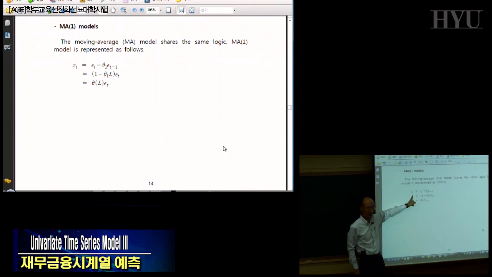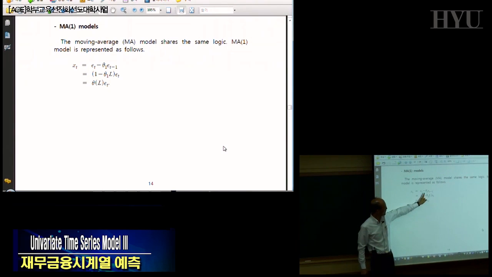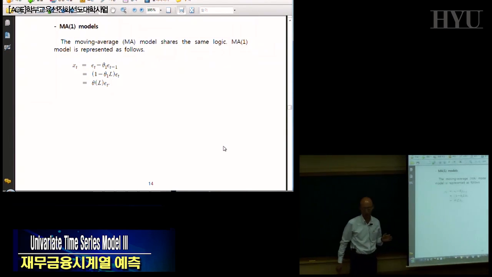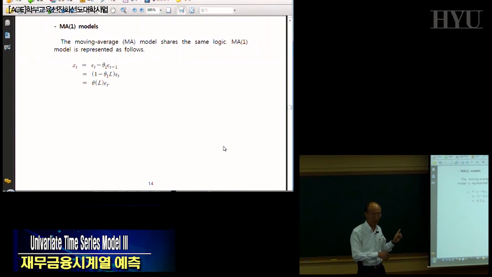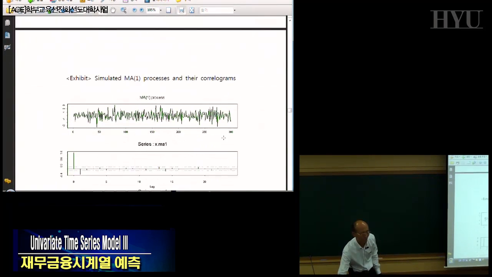So very similar. So even though epsilon_t exhibits no serial correlation, x_t will be serially correlated because of this structure. Okay? Similarly, we can represent this MA(1) process using lag operator, or in short notation, theta of L, which is the polynomial in lag operator L. Okay?